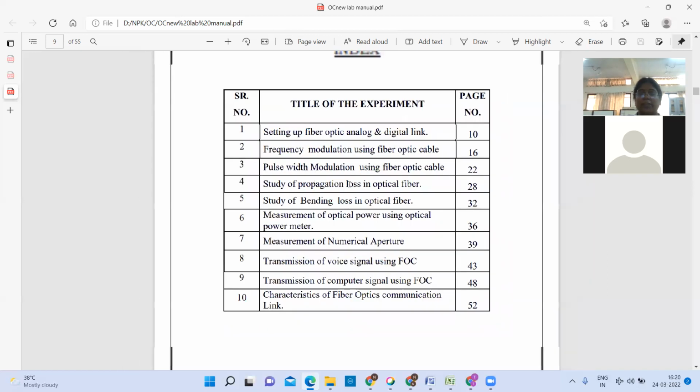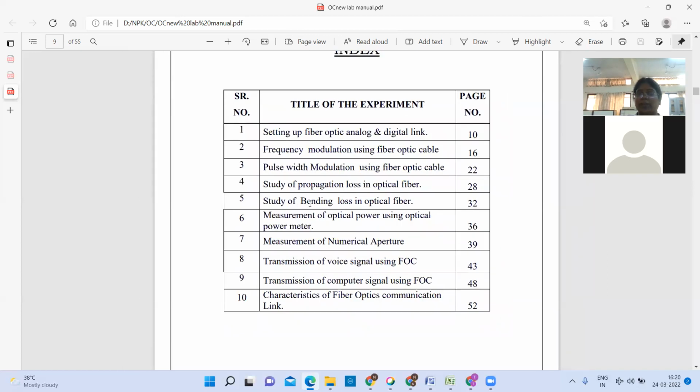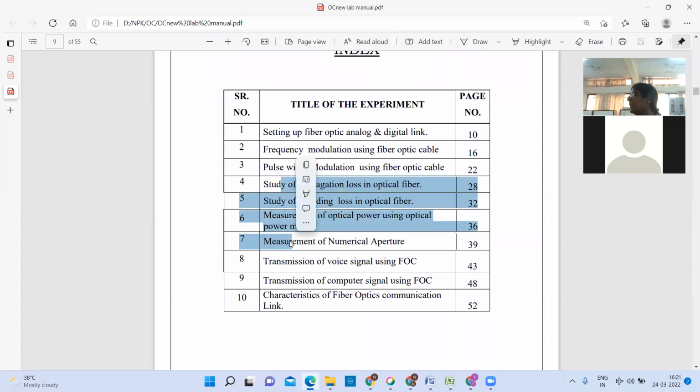Then next one, it is study of propagation loss in the optical fiber, study of bending loss, measurement of optical power, and measurement of numerical aperture. So how these 4 parameters are transmitted through fiber optic cable, how we have to calculate these 4 parameters, that we are going to see in this part.